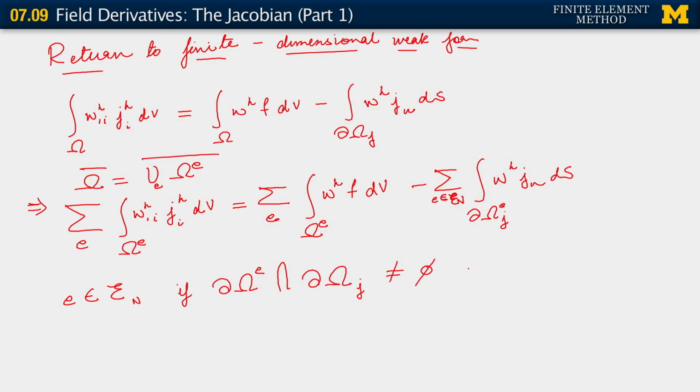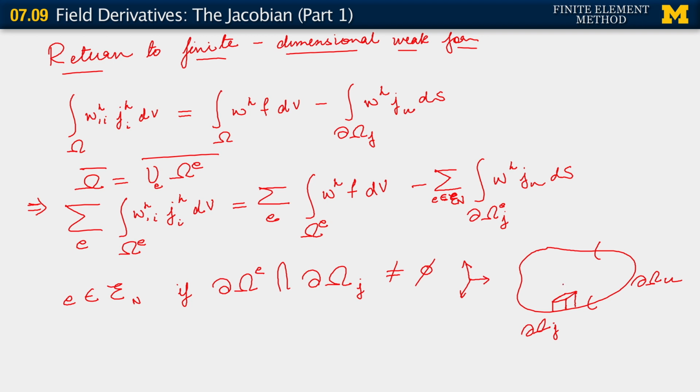So let me just draw that here. We have an element, we have our domain, and I think we've been denoting that as the Dirichlet boundary. This is the Neumann boundary. So we're talking of an element that could have a boundary coinciding with this Neumann boundary, or that does have a boundary coinciding with the Neumann boundary.